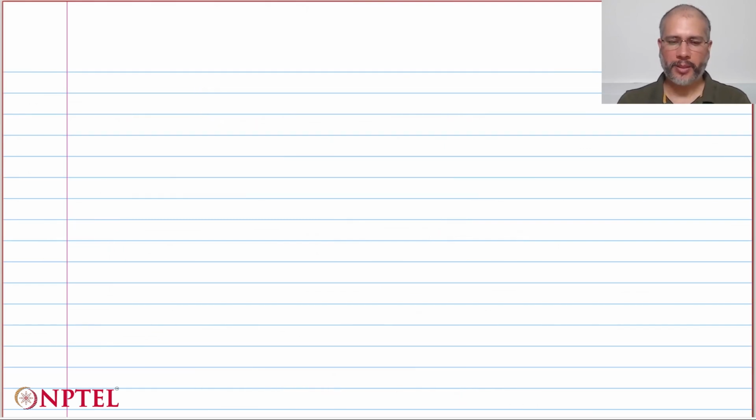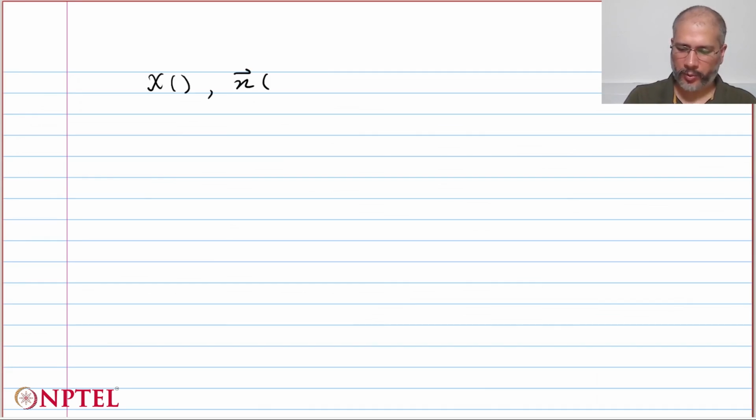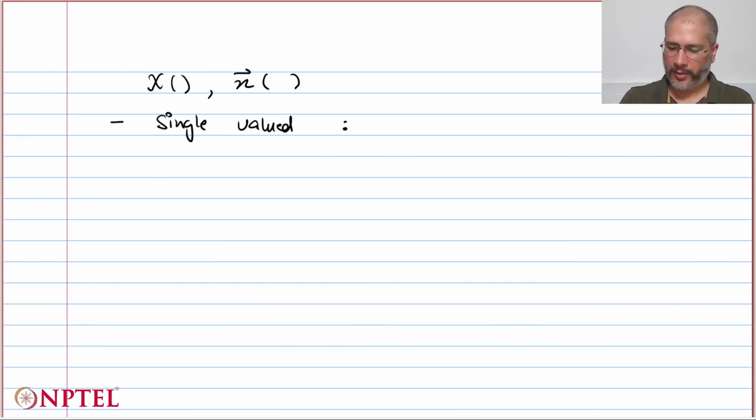Now, mathematically speaking, we said that our function chi, or sometimes we write that simply as x, mathematically has to be single valued. What that means is that for a given input to the function, which is capital X and t, it maps to a unique spatial point.